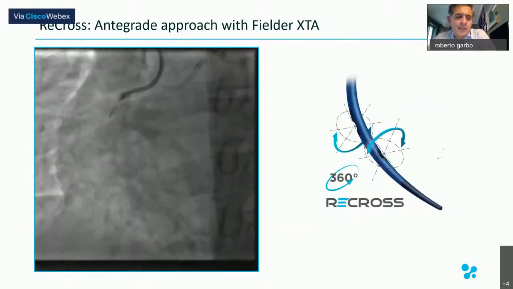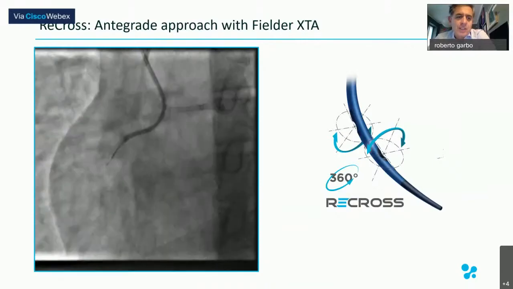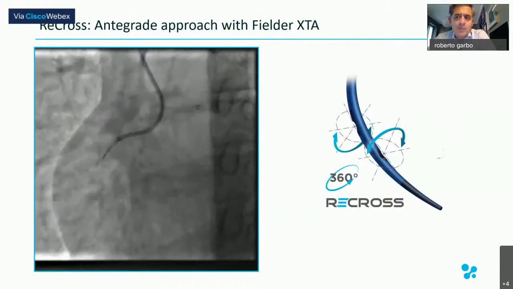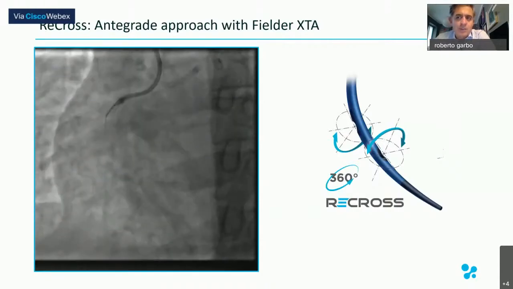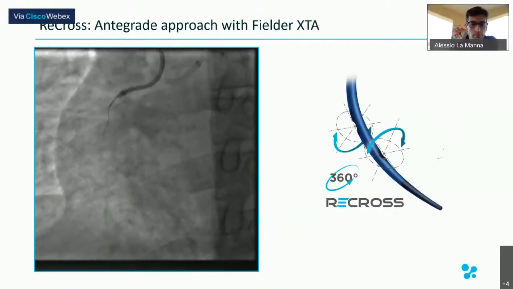Okay. So this is a classical situation in which you face a bifurcation at the distal cap, and you reach the side branch with the wire. So in this situation, Alessio, what is the next step that you would explain to a young operator at this moment?